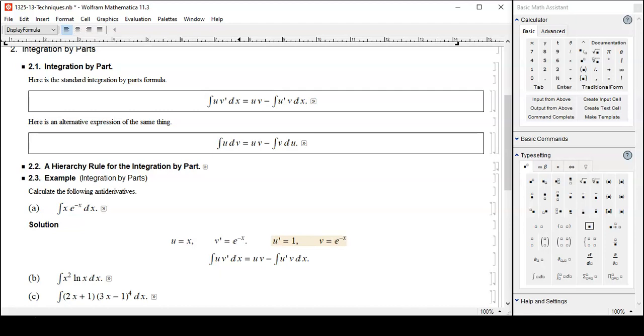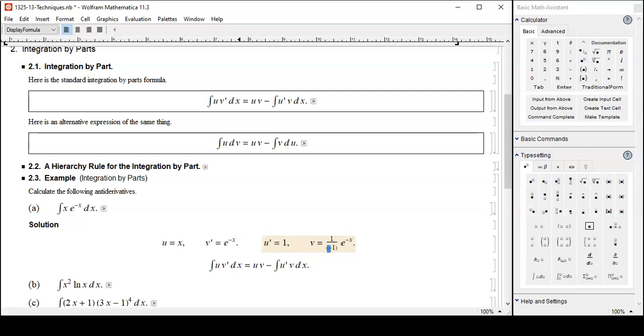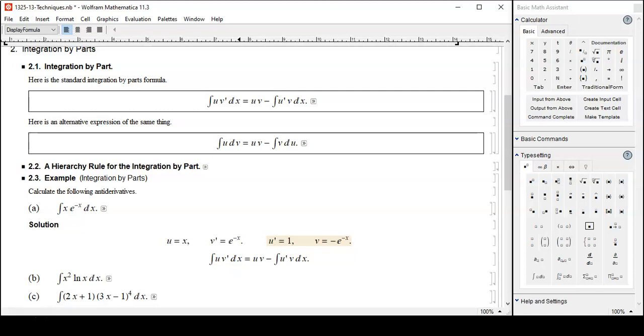But then again, by the chain rule, you have to do this, 1 over negative 1. You see, you already have to do an antiderivative once here. Okay, you're ready. Put everything into this integration by parts formula.